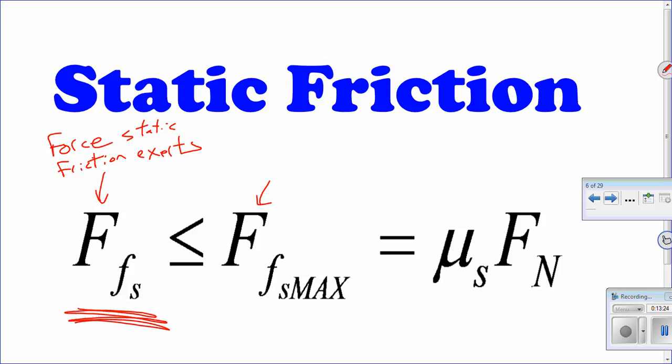This is like how much money static friction has in its wallet. This is how much it's going to spend. It can't spend more than what's in the wallet. This is the maximum amount that it's got. This is what it's using. So this is the maximum force static friction can exert.